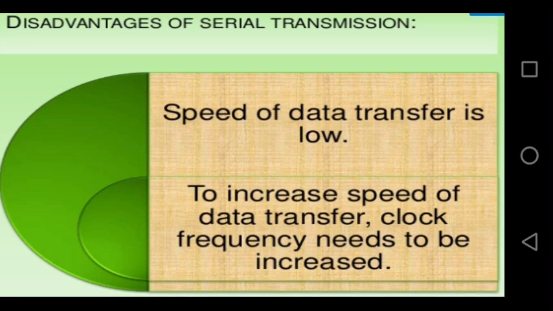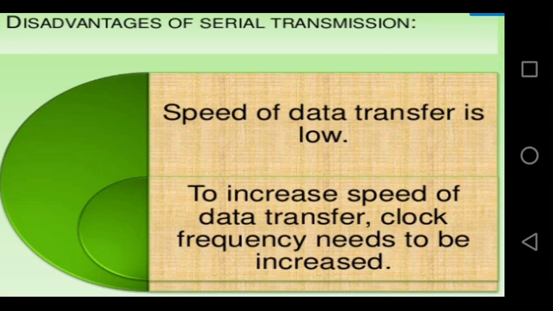The disadvantage of serial transmission is that the speed of the data transfer is low. Obviously, when you send bit by bit, it takes a lot of time compared with parallel transmission. However, to increase the speed of the data transfer, the clock frequency needs to be increased. We'll see how.